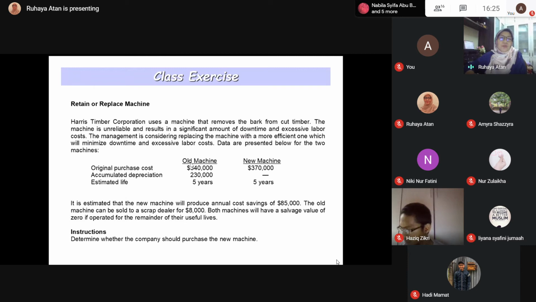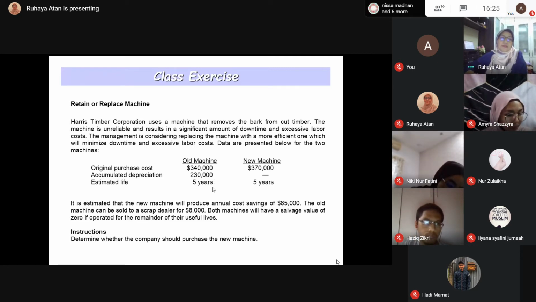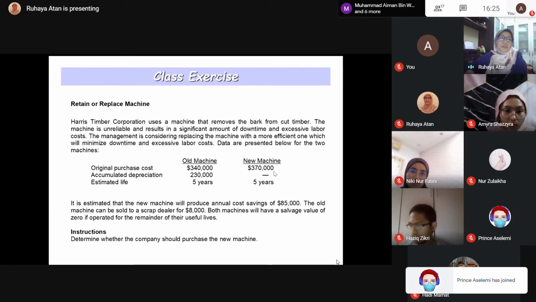The old machine originally cost 340,000, with accumulated depreciation of 230,000. The estimated useful life remaining of 5 years is the same as the new machine, but you need to pay 370,000 for the new machine.